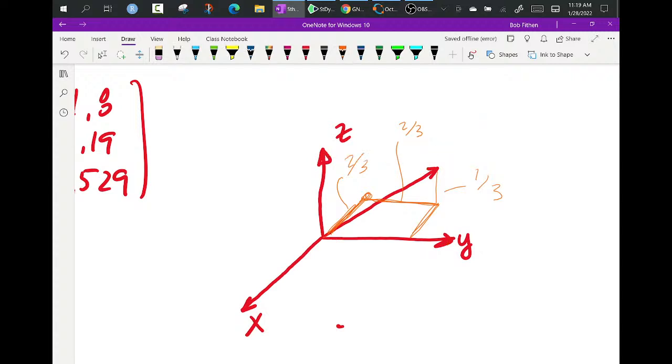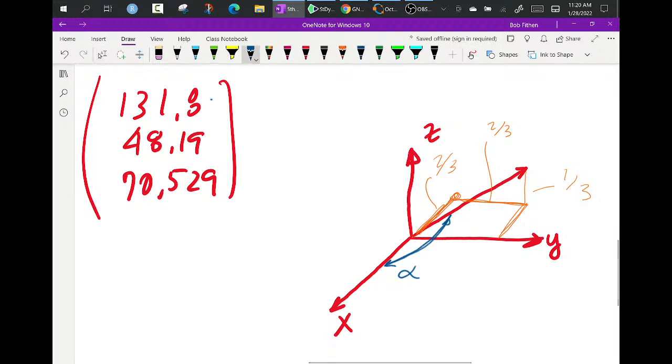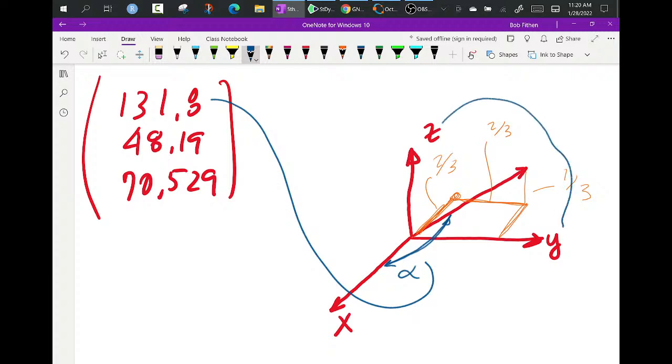So therefore the angle associated with this one would be alpha. That ends up being 131, which is greater than 90, which means that this vector lays behind this YZ plane.